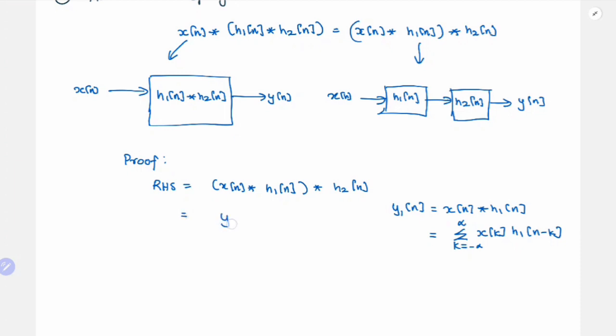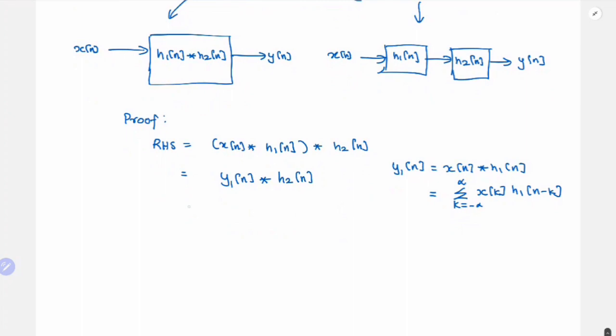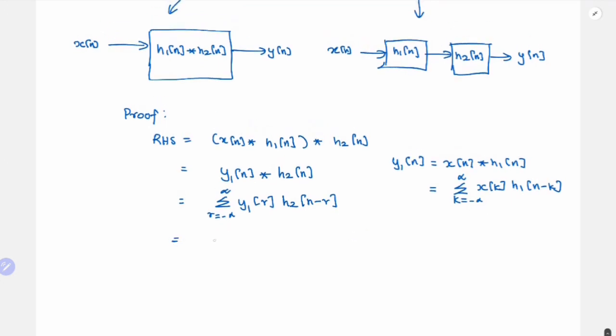So then this is equal to y1 of n convolved with h2 of n. So here again I have to use a different variable, so I'll use r. So summation r equal to minus infinity to infinity, y1 of r, h2 of n minus r. If I substitute y1 of r, then I have to replace n with r here.